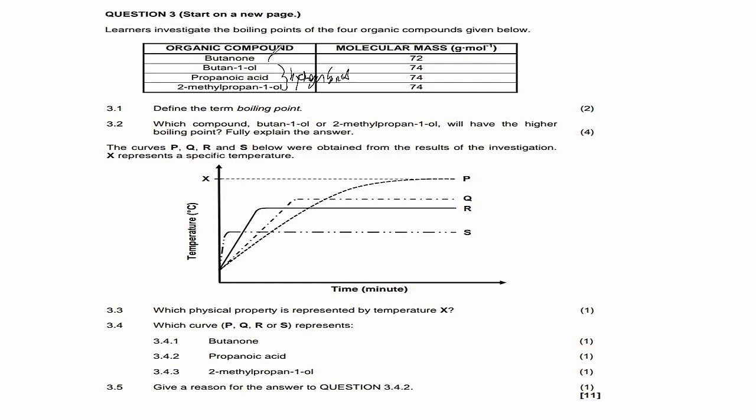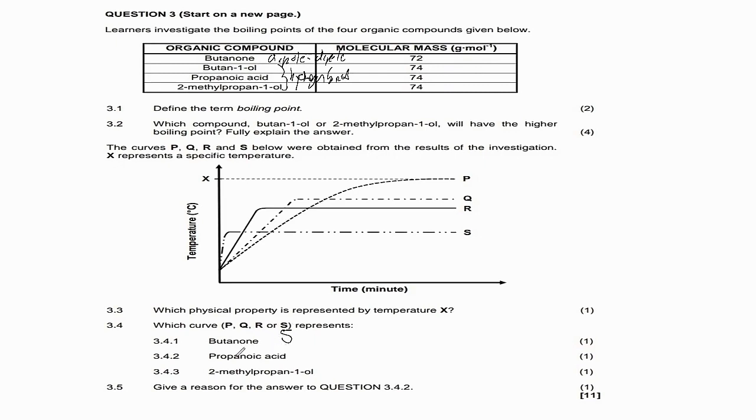But butanone has dipole forces, which are weaker in comparison to the hydrogen bonds. So it should be the one with the lowest boiling point. We can see that it is curve S. So butanone has to be represented by curve S.